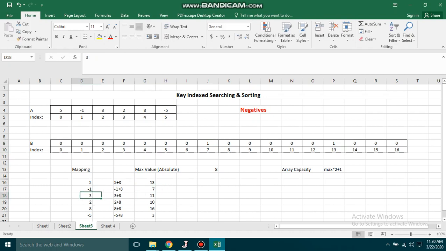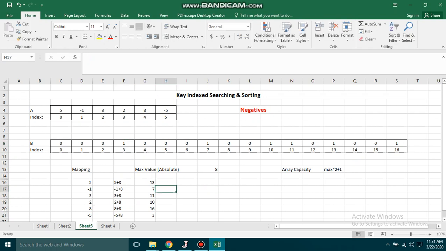For 3, the index will be 11. For 2, the index will be 10. For 8, it will be 16, which is the maximum index. That's why we took the maximum times 2, so that we can accommodate minus 8 as well as positive 8. For minus 5, it will have the index 3.